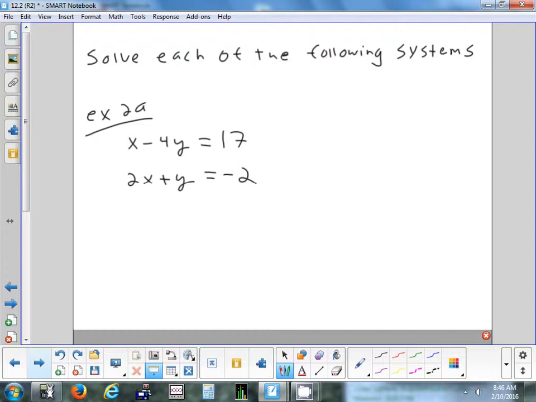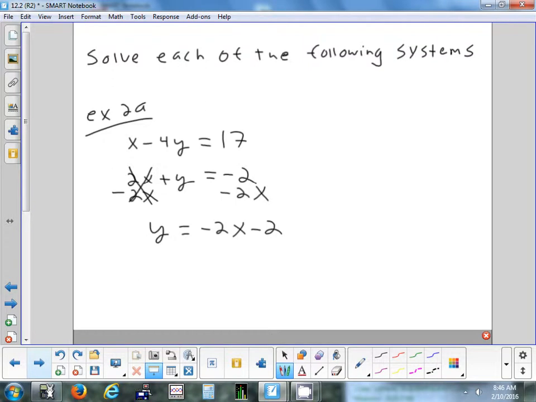If you have a letter that doesn't have a number next to it, or it's just a 1, that's the one to get by itself. So, Jalen, how would you get y by itself here? Subtract 2x. Yep, we're going to subtract 2x just like we did when we were graphing. Get y equals negative 2x minus 2.